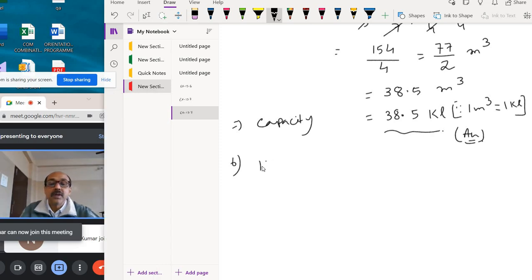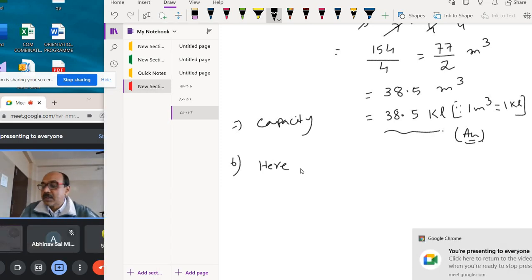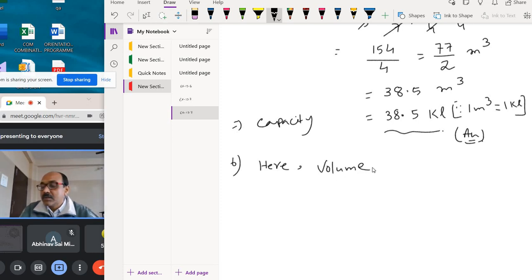Okay, so here it is given, question 6. The volume of the cone is 9856 centimeter cube.